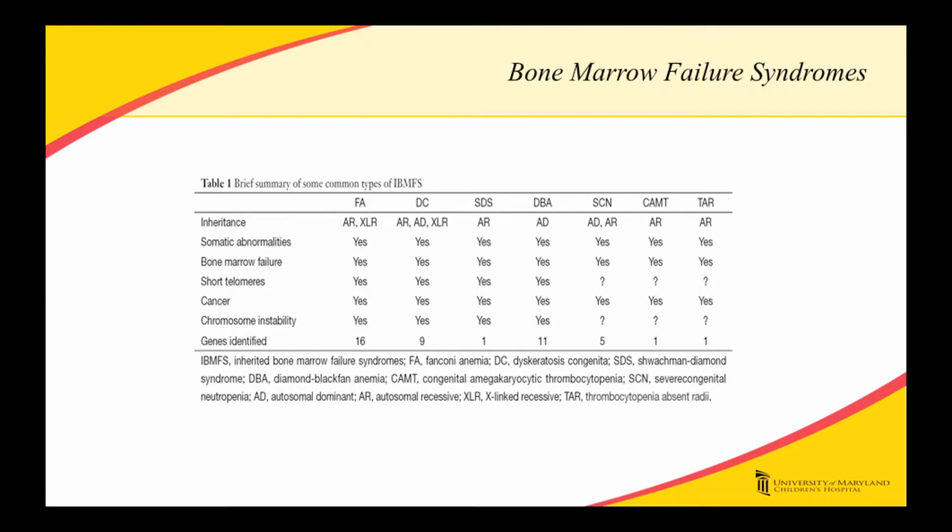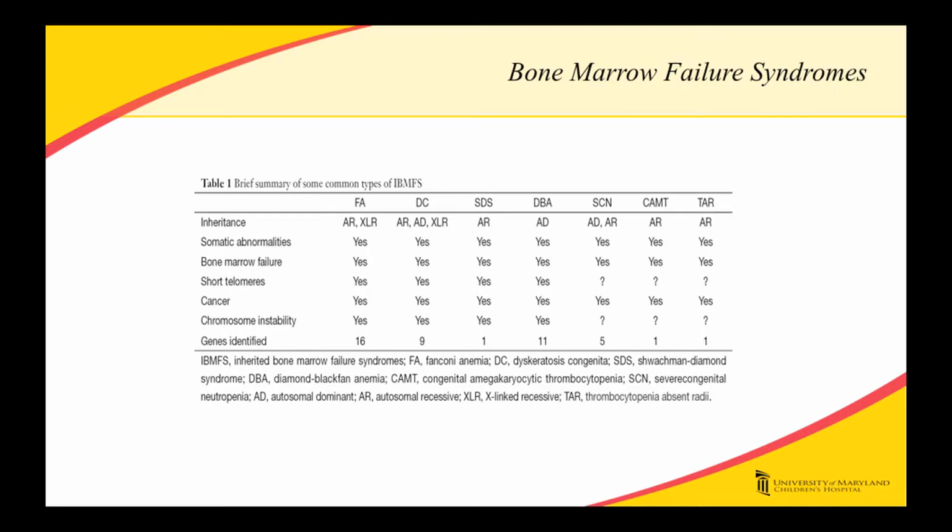And then TAR syndrome. As you notice, a lot of them have some type of somatic abnormality, but they don't have to. All of these can lead to bone marrow failure. You just don't know the timing of that. There's no exact time, but they definitely need to be monitored by us. Short telomeres: your dyskeratosis congenita patients seem to have the shortest, but they can all have telomeres that are not normal.